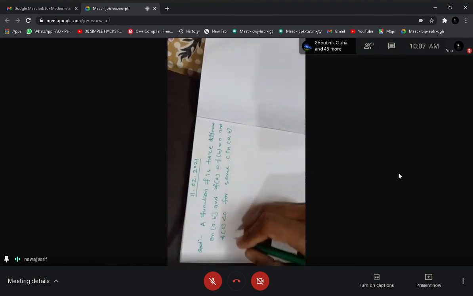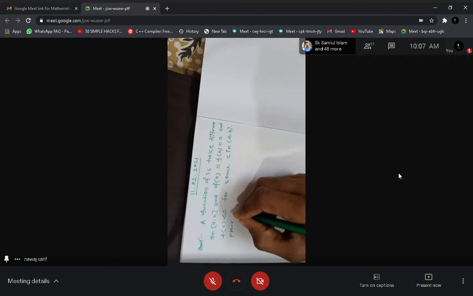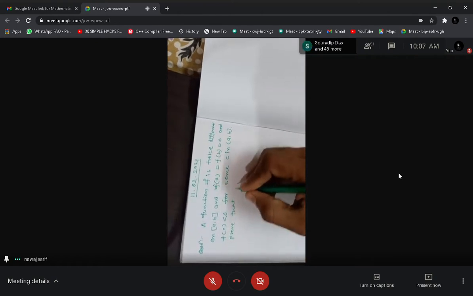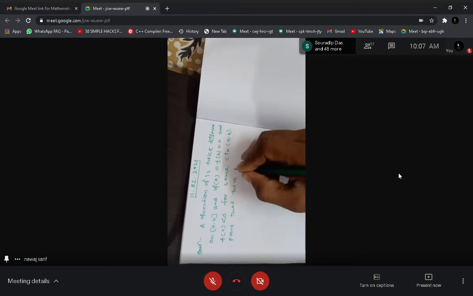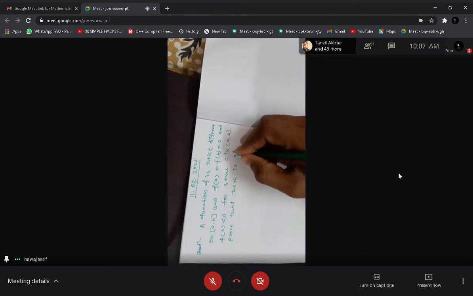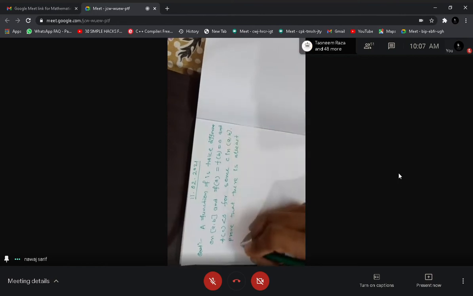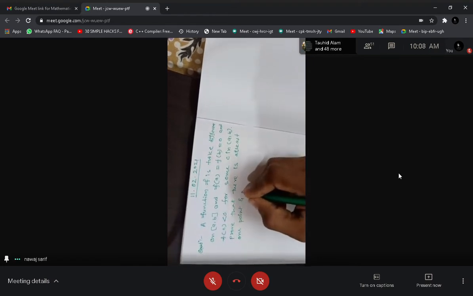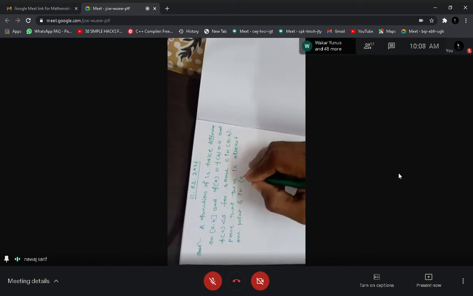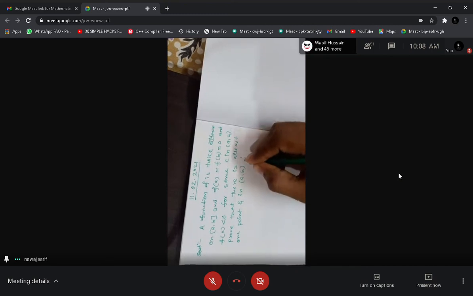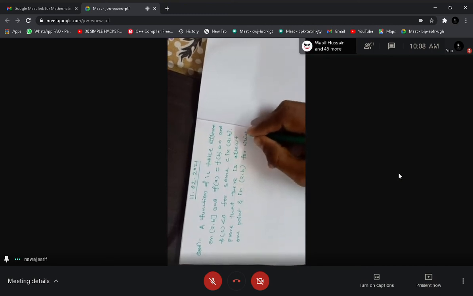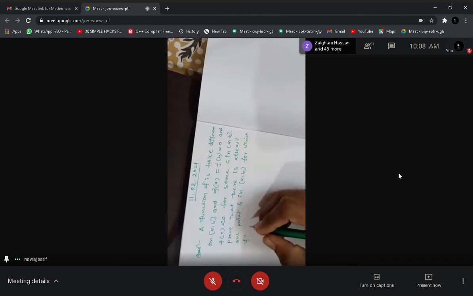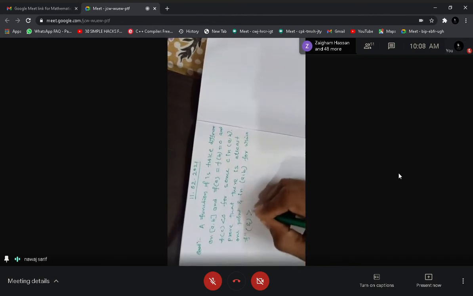Then you have to prove that there is at least one point xi in the open interval (a,b) for which f double dash xi is greater than 0.